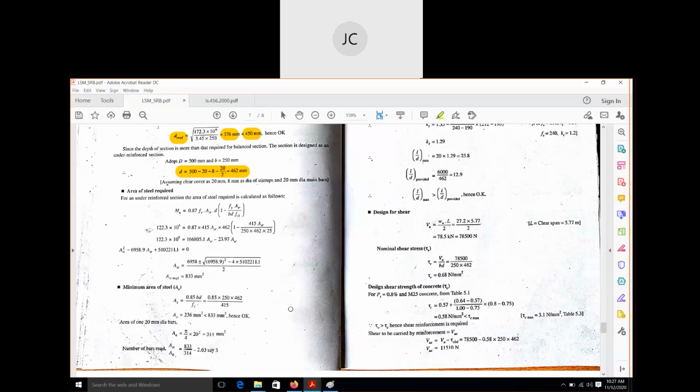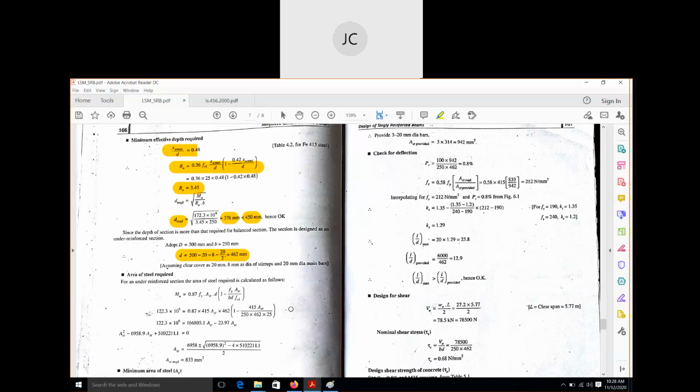Okay, just see the area of steel required. It is a very simple calculation. Okay, so I hope all of you will understand this part, at least up to the minimum area of steel.